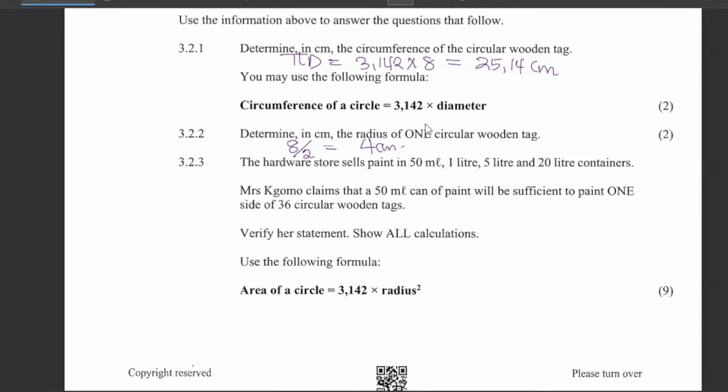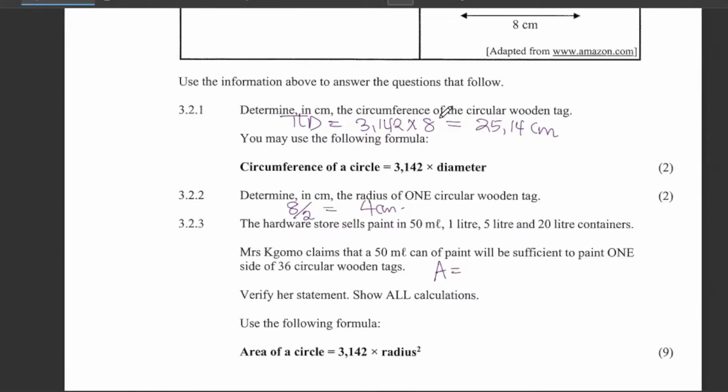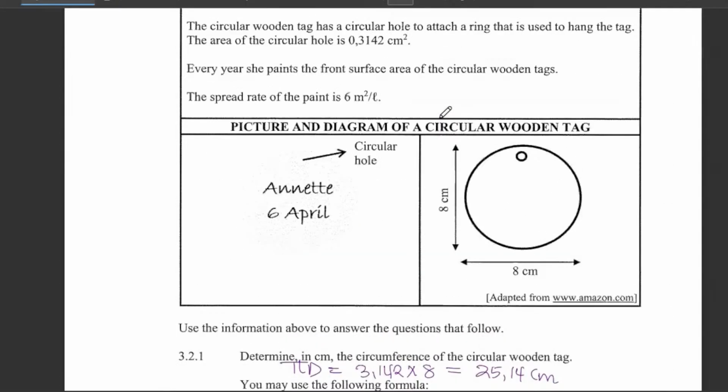Then we are looking at 3.2.3. It claims that a 50 ml can of paint will be sufficient, will be enough to paint one side of 36 circular wooden tags. Verify her answer showing all calculations. Now, first and foremost, we need to find out the area of that. And it has to be in meters, because the spread rate is in meters squared.